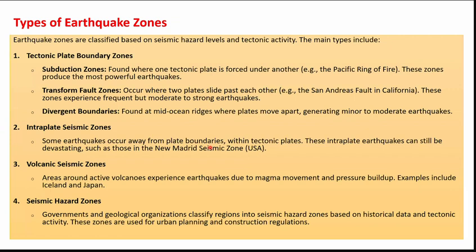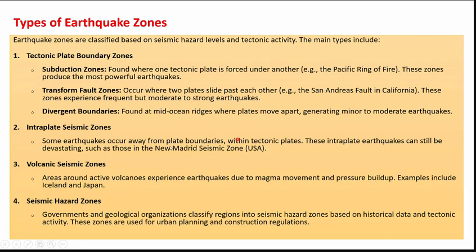So where we don't have plate boundaries, there's still earthquake, within the tectonic plates, of course. These intraplate earthquakes can still be devastating, such as those in the New Madrid seismic zone. So these are areas where we can find this type of earthquake.